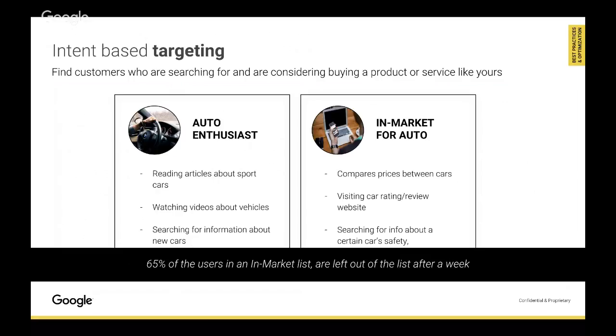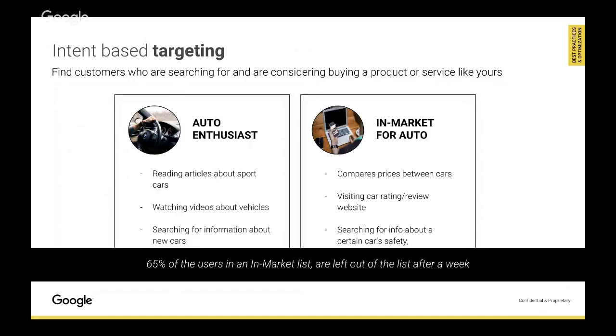So all these are the people who are actually showing a high intent in terms of cars compared to the auto affinity audiences. And also, one thing to highlight is that 65% of the users in our in-market list will be left out of the list after a week. So what it means is that we regularly refresh our in-market audiences, because this is all based on the real-time data signals, including search and browsing behavior.